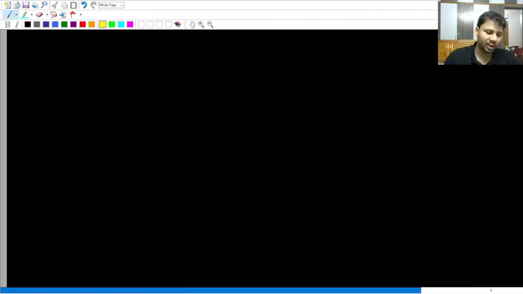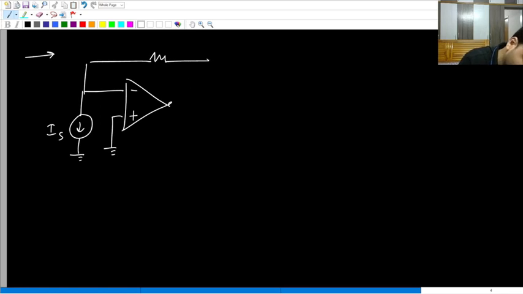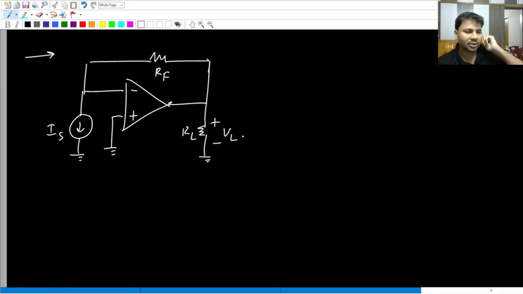Let's look at another circuit. The circuit also contains an op amp, which is ideal.